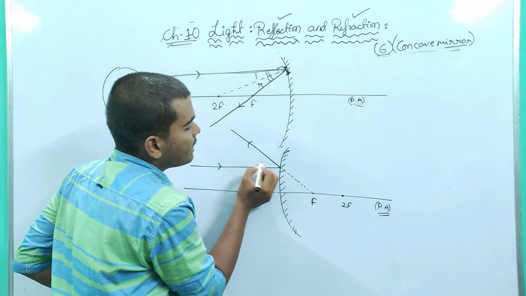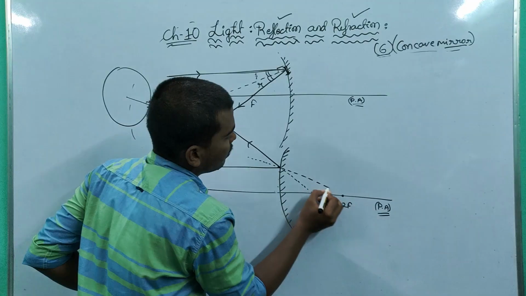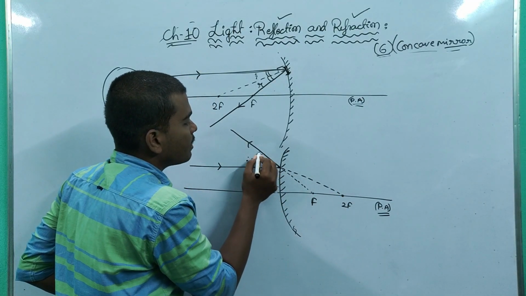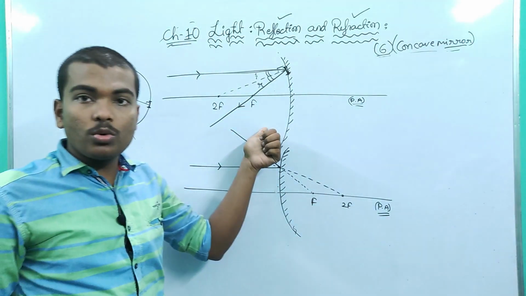You will ask, is there any hard and fast rule? No. Let us draw the normal for this one and calculate I and R. They will be the same. So this is the first rule.